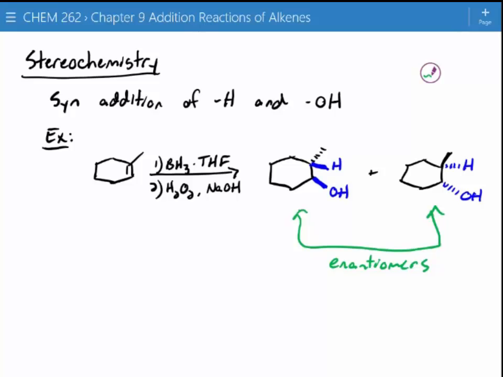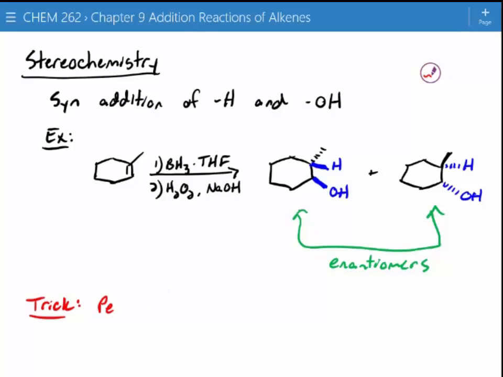I used to have a really hard time remembering when you get Markovnikov versus anti-Markovnikov products, and then one day it dawned on me that there's a really simple trick. I'll write down the trick I used.